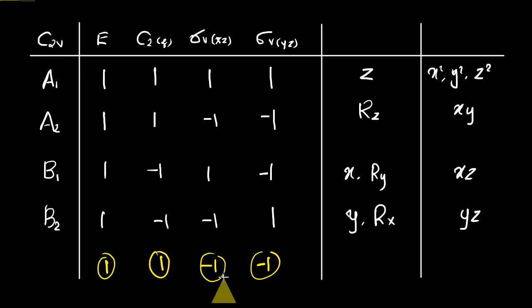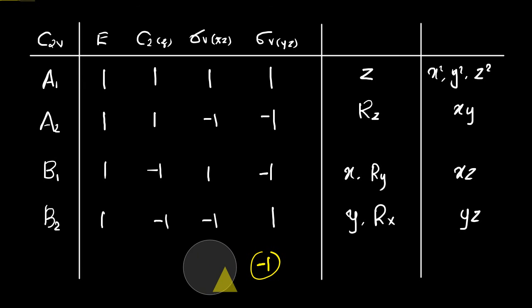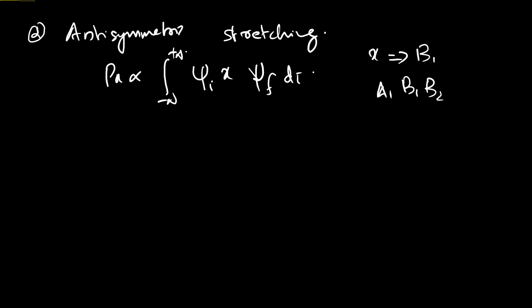That is A2 symmetry. So when we are taking the product of that, it is A2 symmetry. So this is A2, and A2 is not totally symmetric.